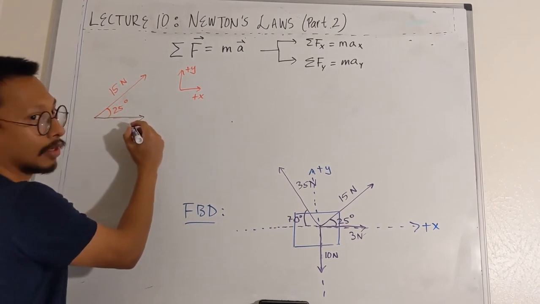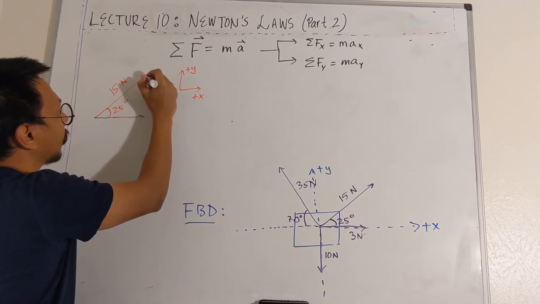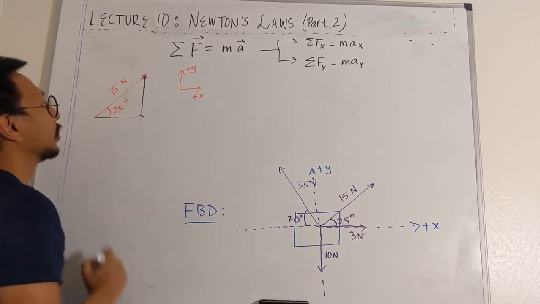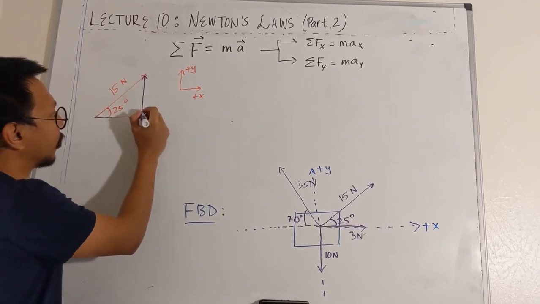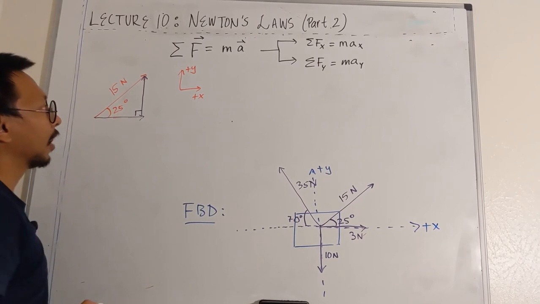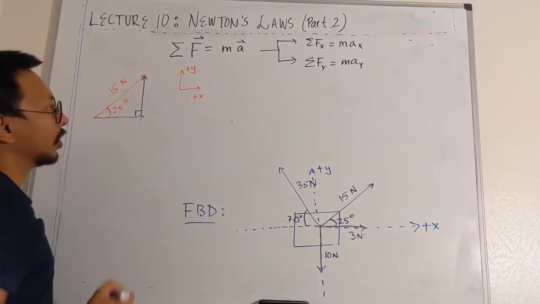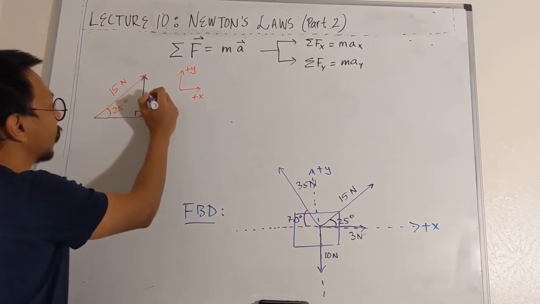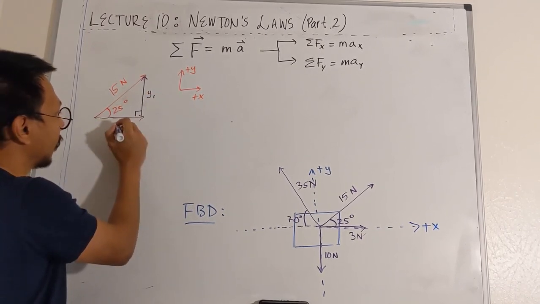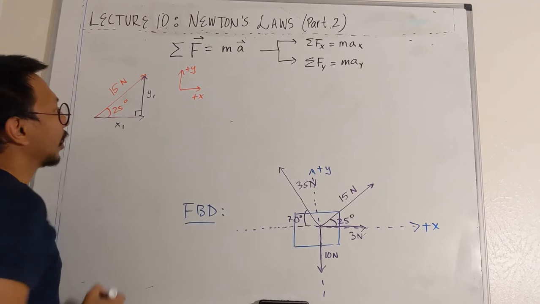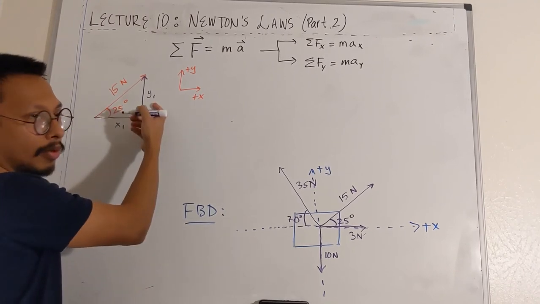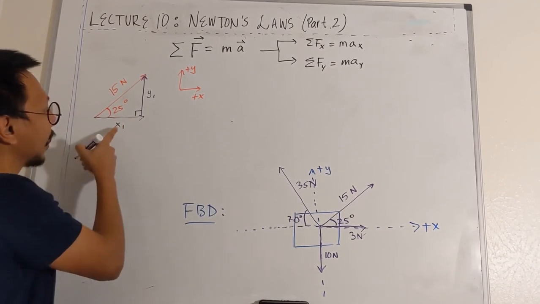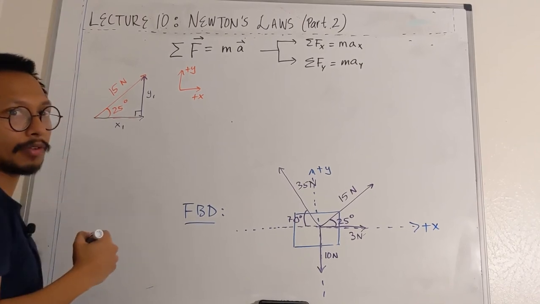This will give me the x component, and it will go like this to give me the y component, and together they will form a right angle. This will help me find the x and y components. So let's call this y1, let's call this x1. What is y1 and x1? y1 is the y component of 15 Newton force, and x1 is the x component for the 15 Newton force.